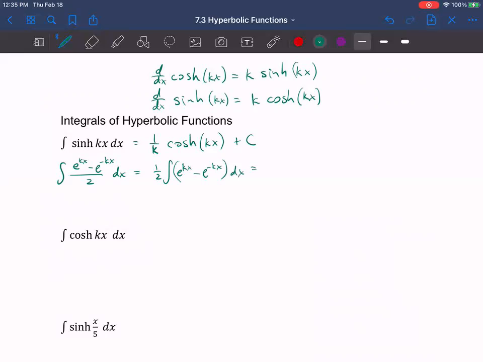And then we've got our 1/2. And then the integral of e^(kx) is 1 over k e^(kx). And the integral of the negative one is minus minus, so it becomes plus 1 over k e^(-kx), right? Because we have that negative, so it's negative, negative, positive.